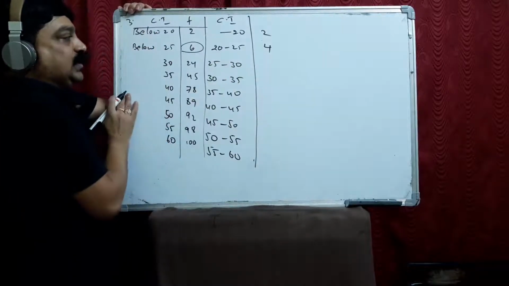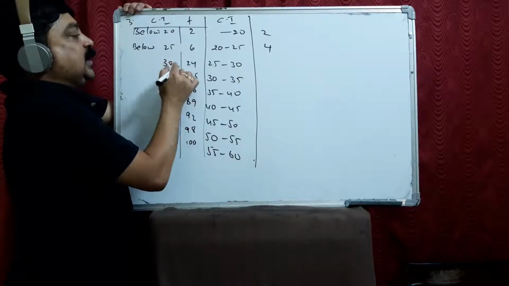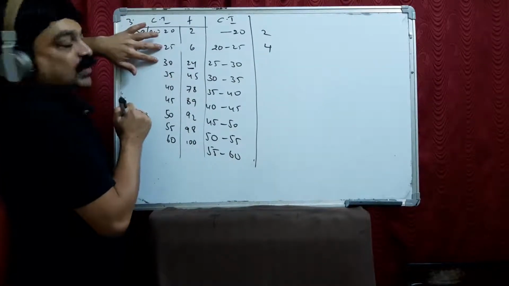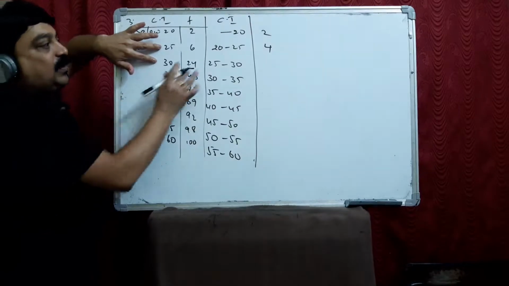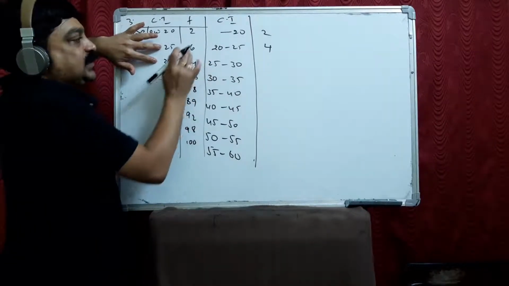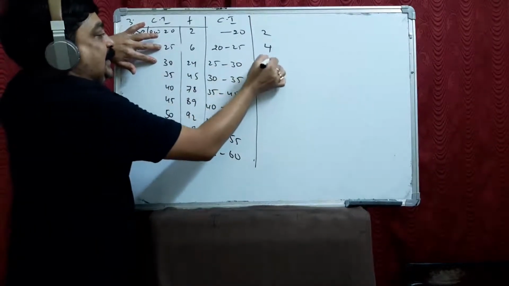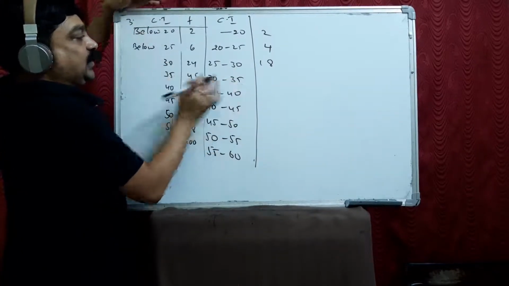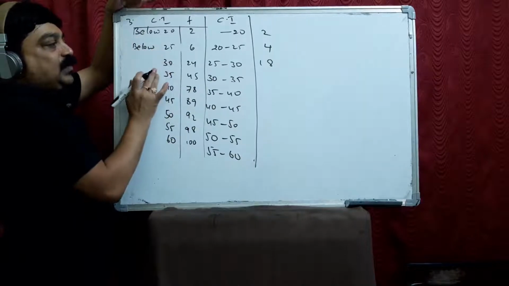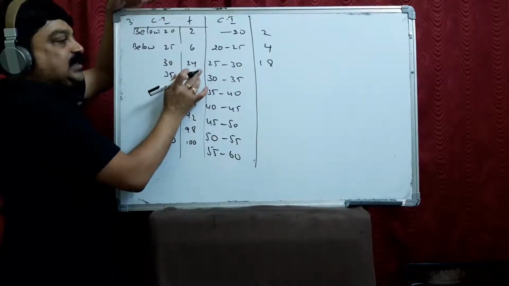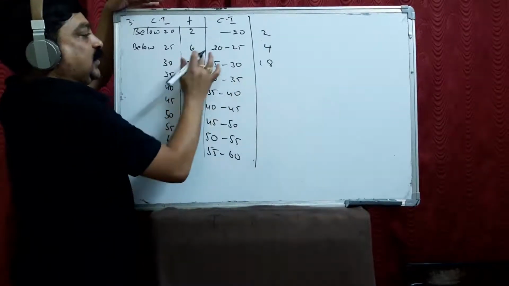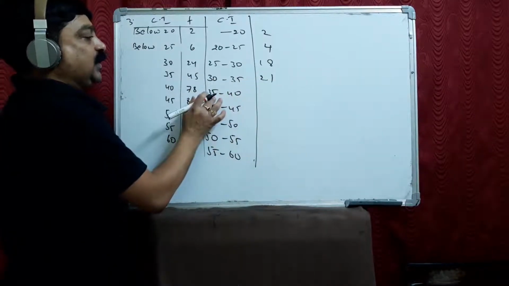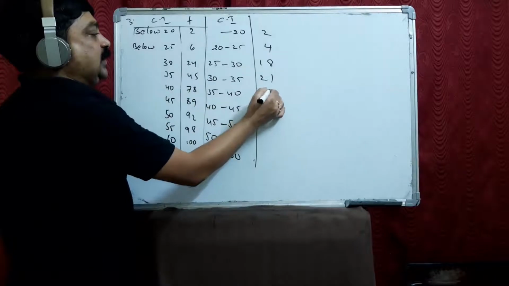Now in the same way, let us take this. Below 30 is 24, but I want between 25 to 30. Just subtract, it will be 18. And 30 to 35 is between below 30 and below 35. You will get this minus this as 30 to 35. This will be 21. And this minus this will give 35 to 40, which is 33.